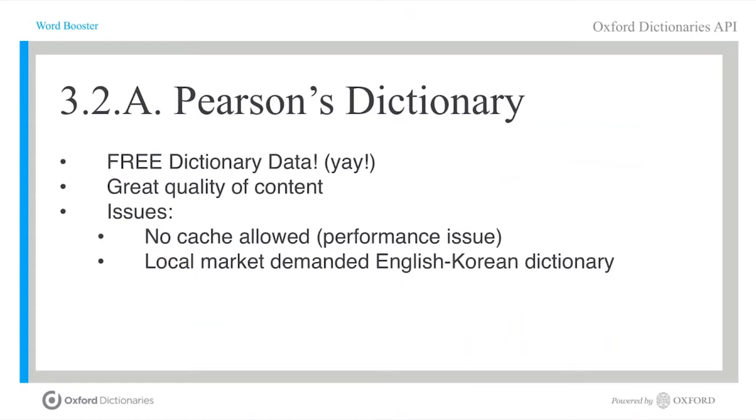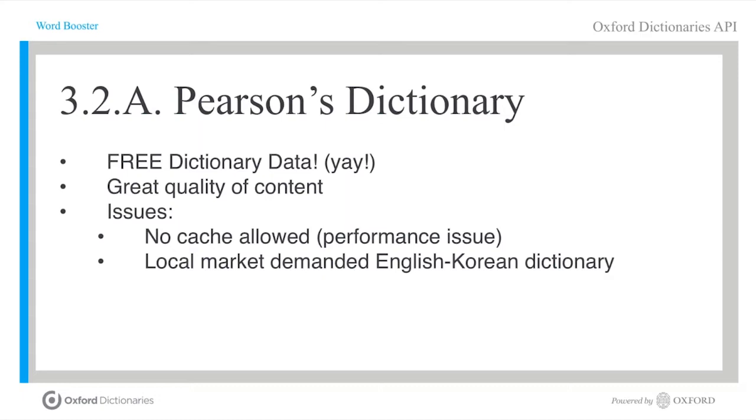Okay, so the first one I used is from Pearson, the Longman brand. My first learner's dictionary back in high school was the Longman learner's dictionary, paper version, and the experience of my first English monolingual dictionary by Pearson was just awesome. First exposure to a monolingual dictionary is very, very nice.